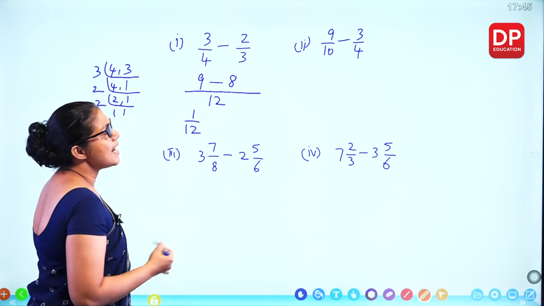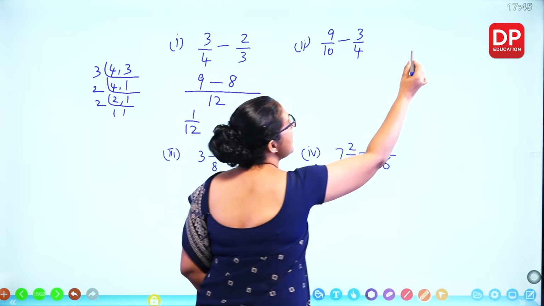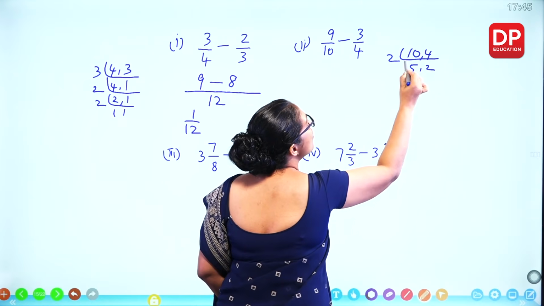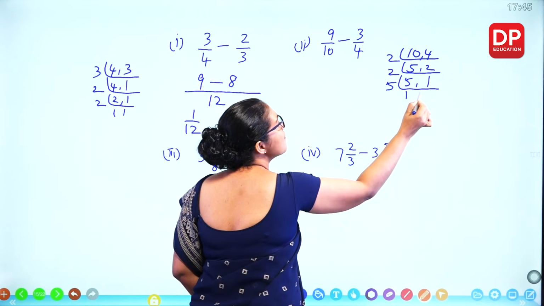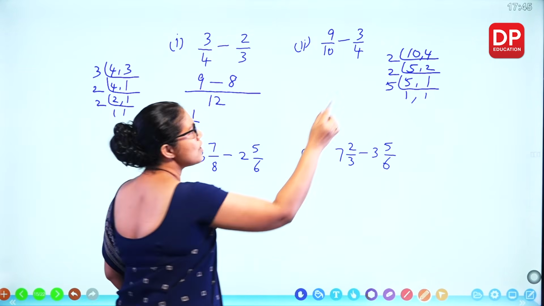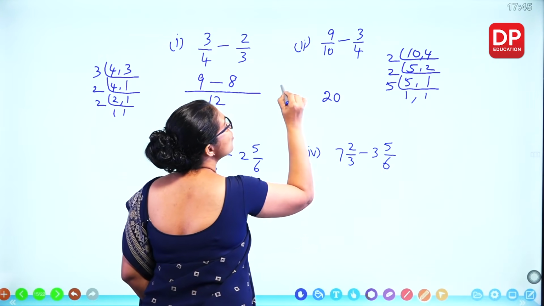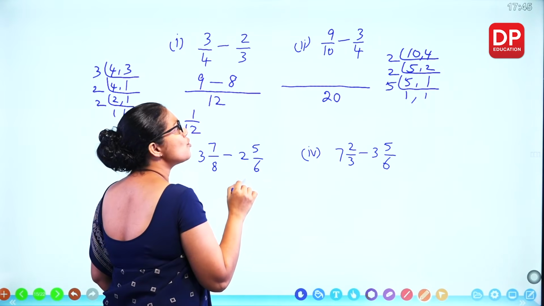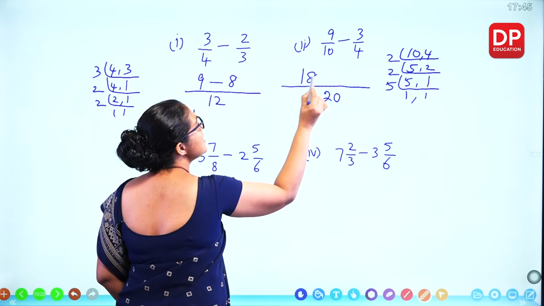What about this one? 10 and 4. What's the lowest common multiple? Again, you can find out. Divide by 2. Divide by 2 again. Divide by 5. Till you get 1, you can divide. 2 times 2, 4. 4 times 5 is 20. So you convert to 20. How to get 20? 10 times 2. You do the same thing to the numerator. 2 times 9 is 18.